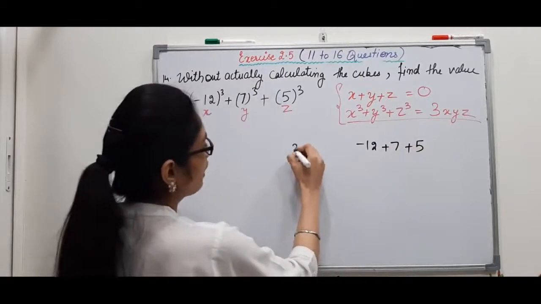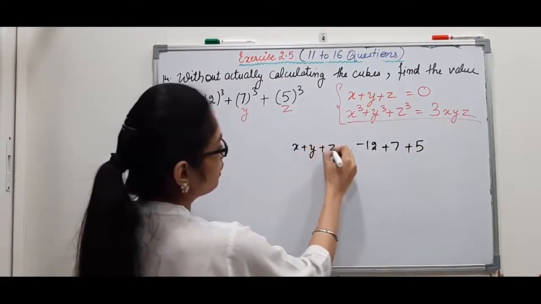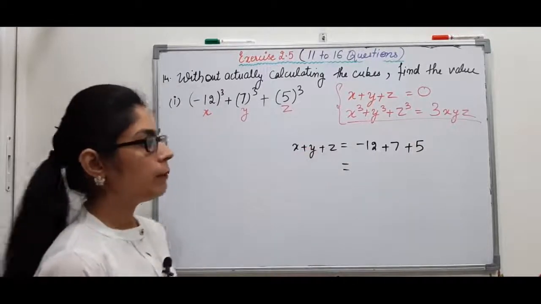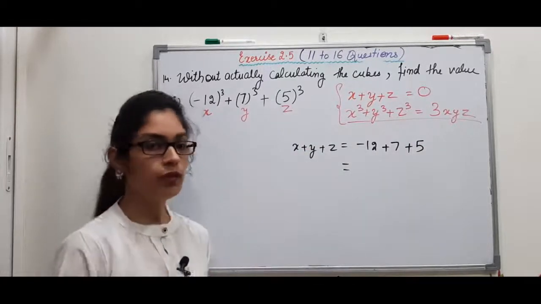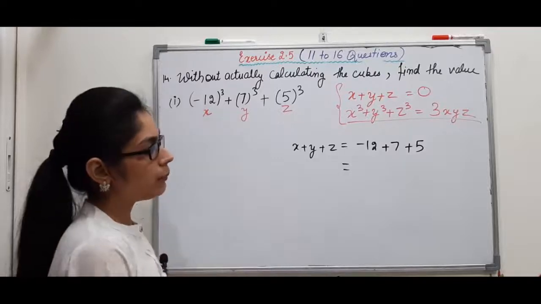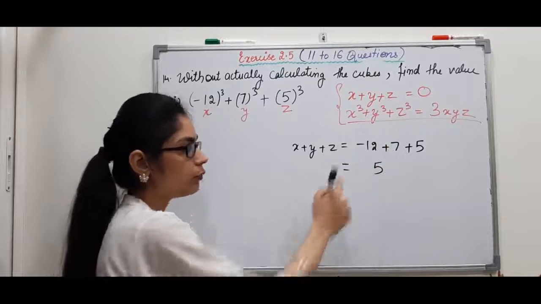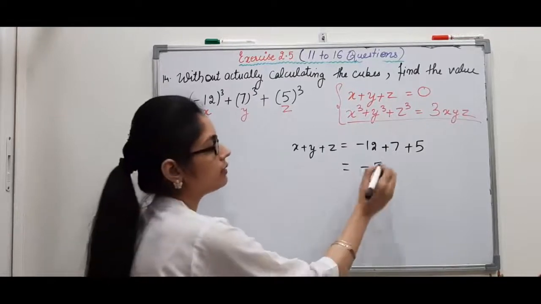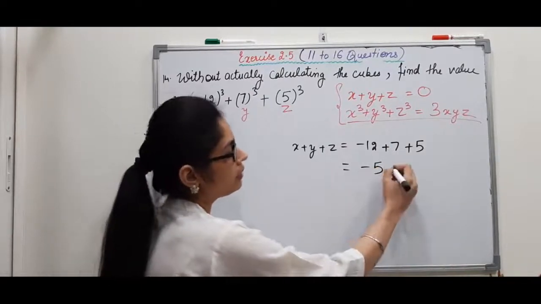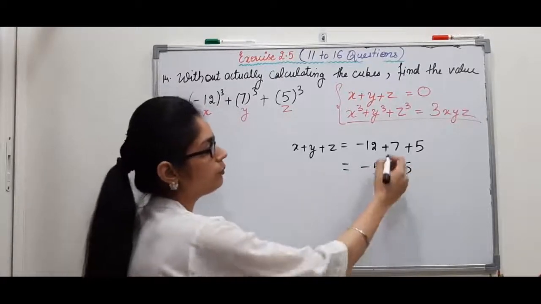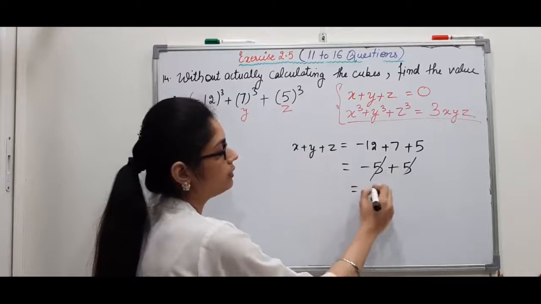This is our x plus y plus z. So minus 12 plus 7: minus plus is minus with the bigger number. 12 minus 7 is 5, and 12 is the bigger number with a minus sign, so we'll write the minus sign with our answer. Minus 5 plus 5, both will get cancelled and we get 0.